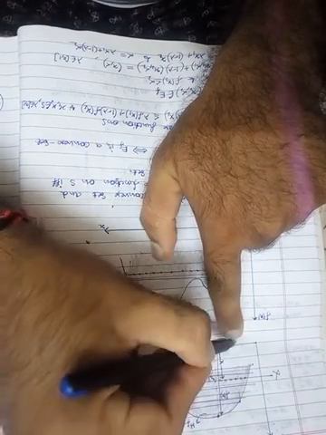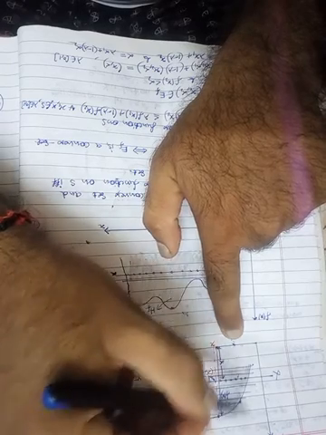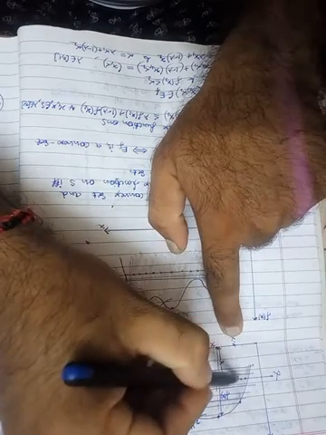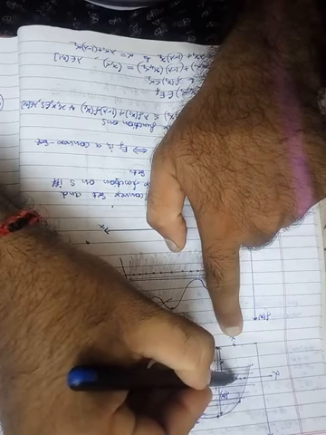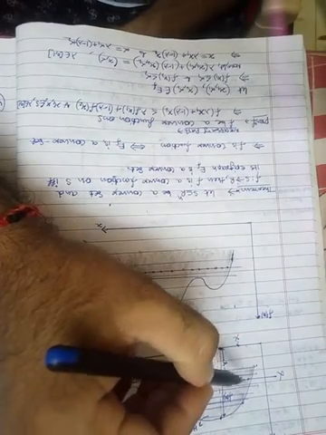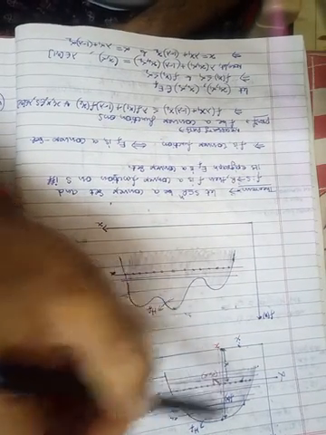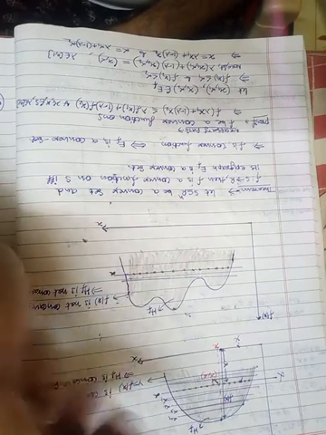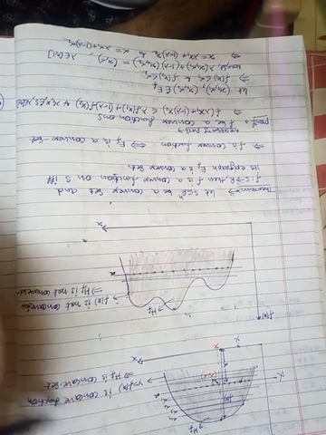So f of x is greater than alpha. So this point basically satisfies this property. So this x and this alpha intersecting point goes to the hypograph.